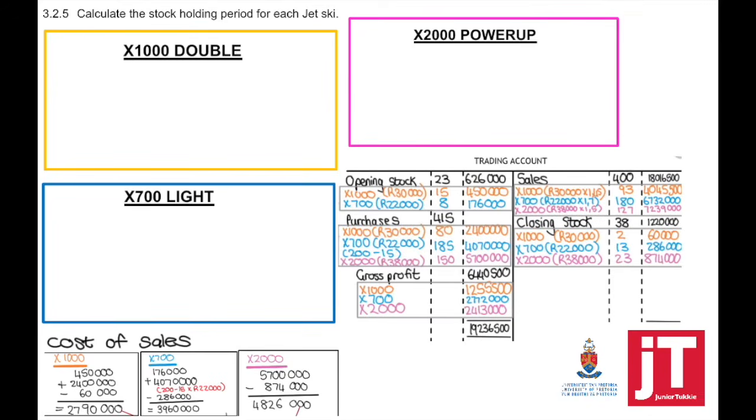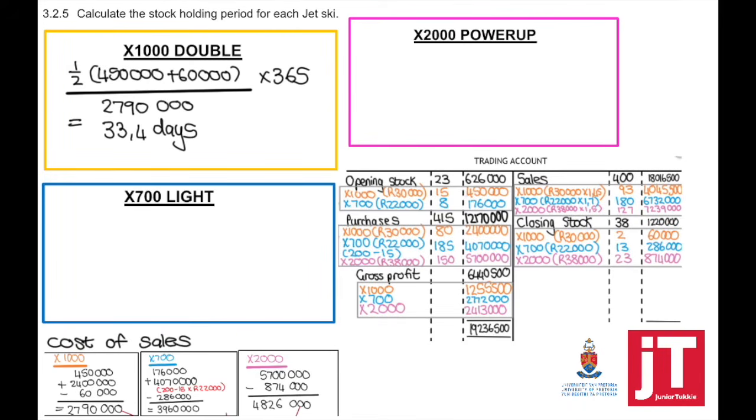Question 3.2.5 is calculate the stock holding period for each jet ski. So this means if we're now going to look at X1000 Double, to calculate the stock holding period, you have to take your average stock divided by cost of sales times 365 days.